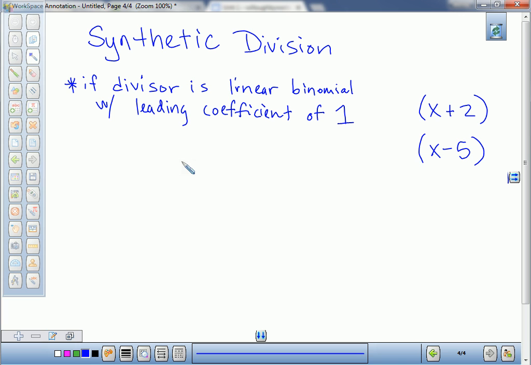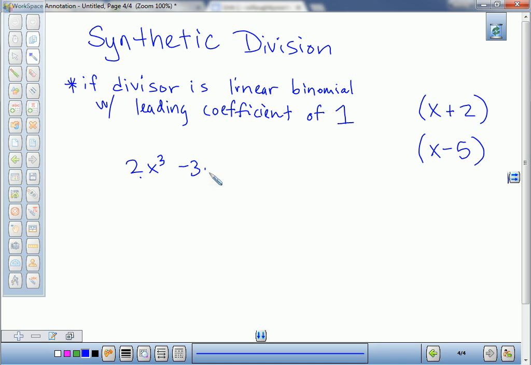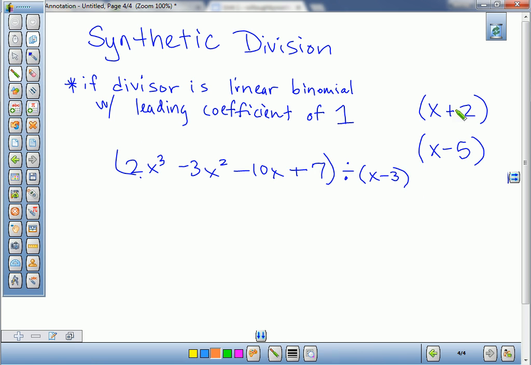Okay, so it was 2x cubed minus 3x squared minus 10x plus 7, all divided by x minus 3. So this is the example we just did, but now we're going to learn, because these were our examples of linear binomial, does that look like a linear binomial with a leading coefficient of 1?